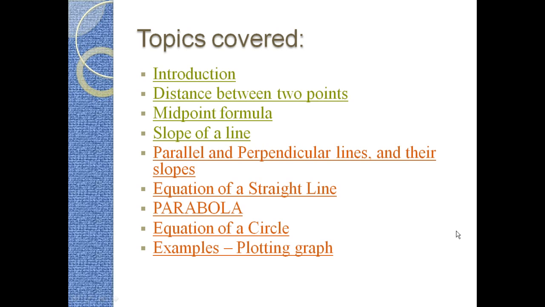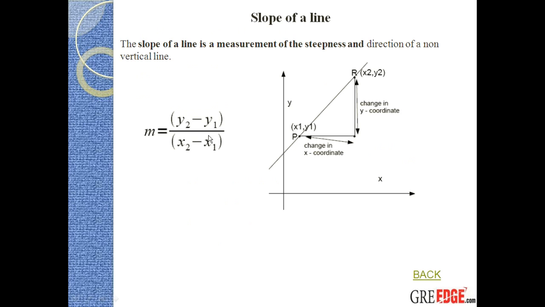Amna, this formula is used only when two coordinates are given, that is P comma Q. The coordinates of 2 points are given. Then if you have to find the slope of that line segment joining those two points, then that slope is given.